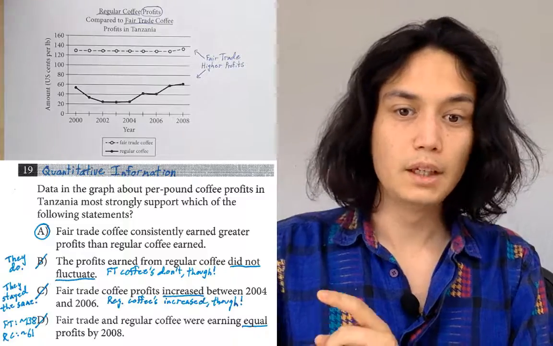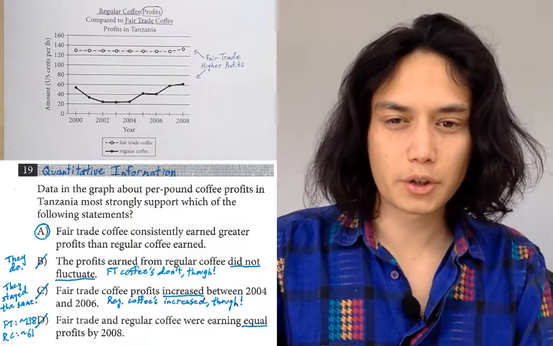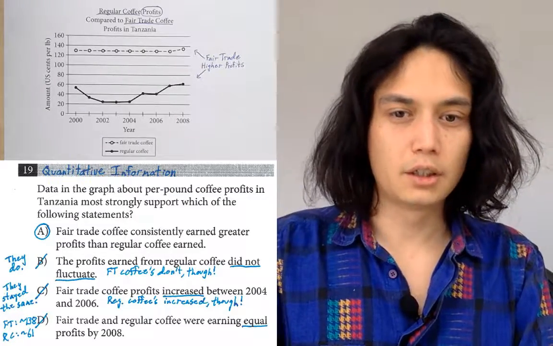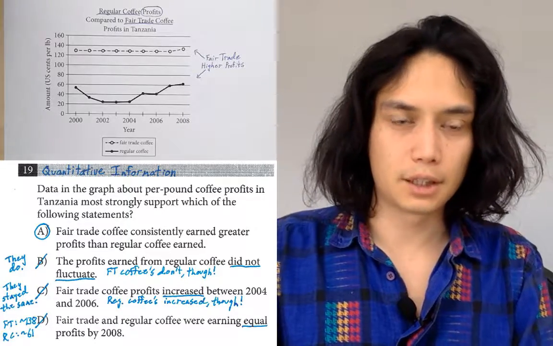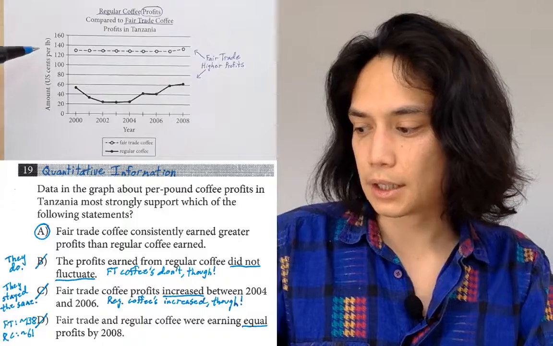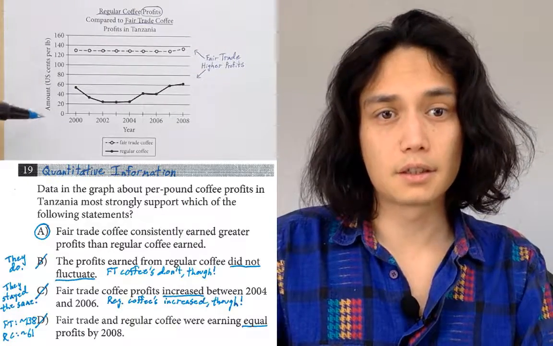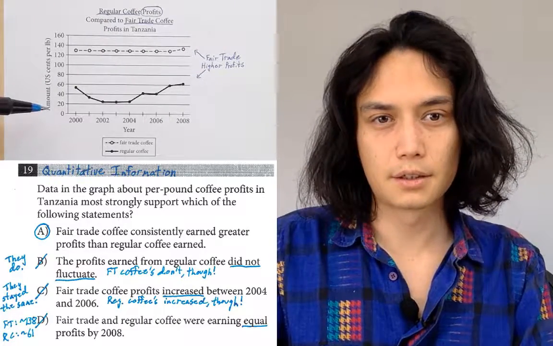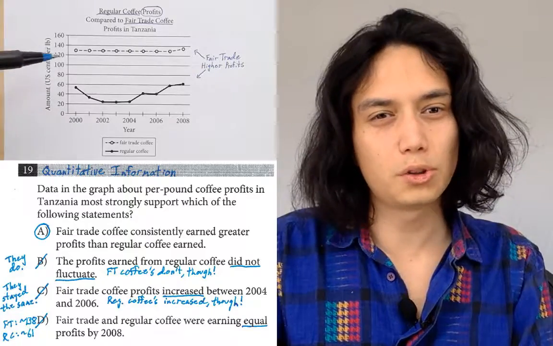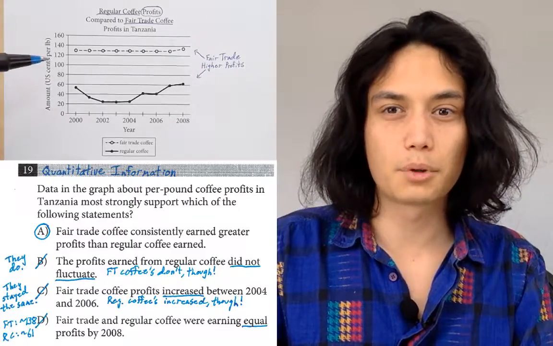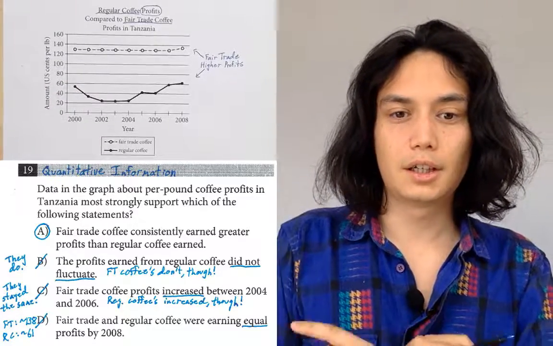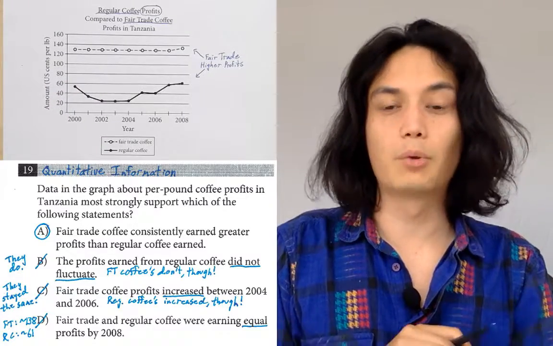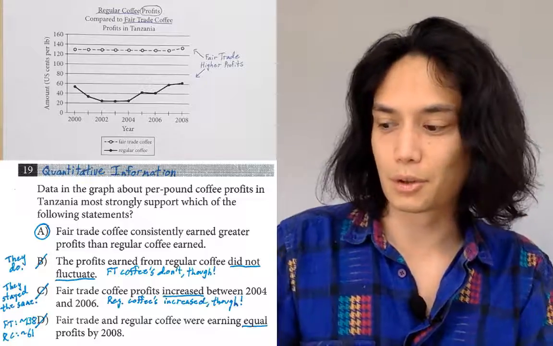All right. Answer choice D. Fair trade and regular coffee were earning equal profits by 2008. Now this is answered by, this axis is the profits axis. But even if you're not totally there, even if you're not like, oh, this is the profits axis and they have different profits, here the word equal should give you a hint of like, all right, well, they've got to have equal something by 2008.